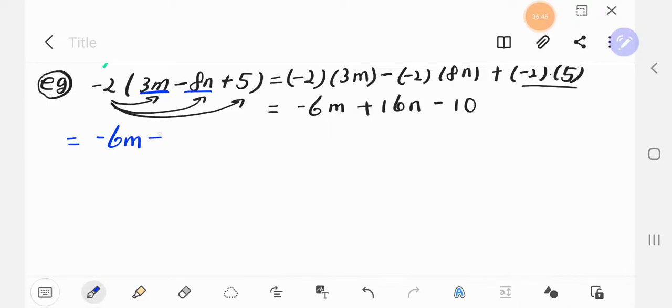Positive. So make it plus, and 2 times 8 is 16n. And this is plus 5. Since we are multiplying by negative, the result is minus, right? Change the sign. So 2 times 5 is 10. So you can get the answer directly like this.